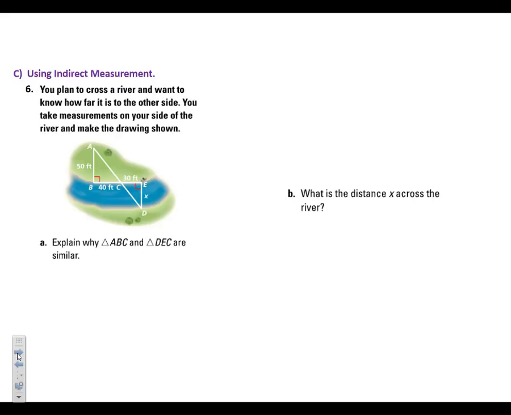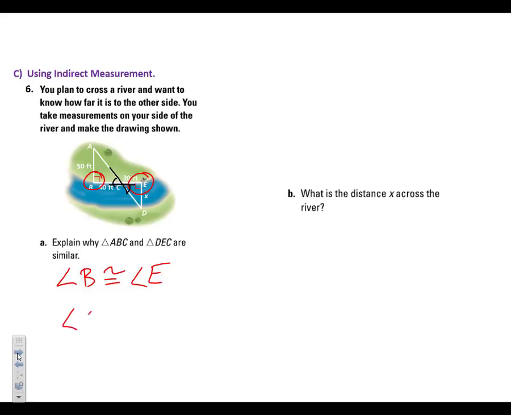Well, let's go back to what we learned a video or so ago. First of all, we have a right angle in ABC and DEC. And so we know that angle B is congruent to angle E. So that's one angle, it's congruent. And then we see that we have, right here, I'm going to draw on it with black, these two vertical angles right here.